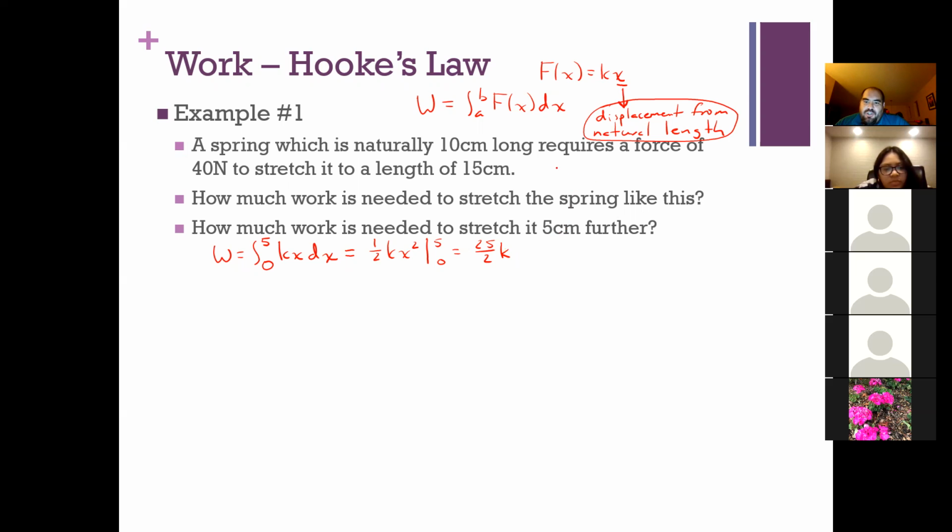But in this case, let me try to draw this spring here. Good enough. Let's say this is my spring uncompressed or unstretched, at rest. This distance right here is 10 centimeters. That's its natural length. So I would call this right here x equals 0.